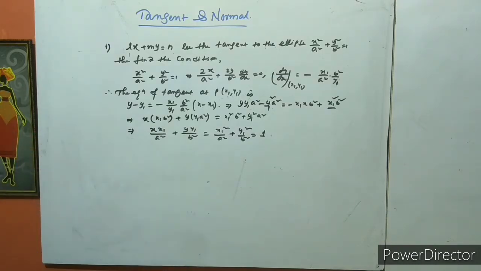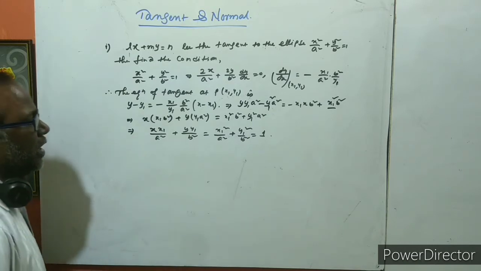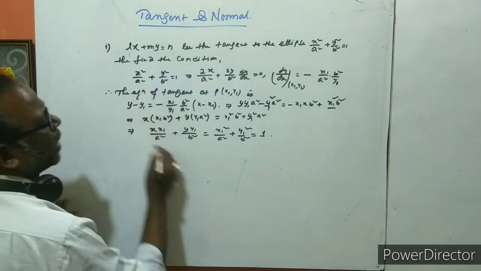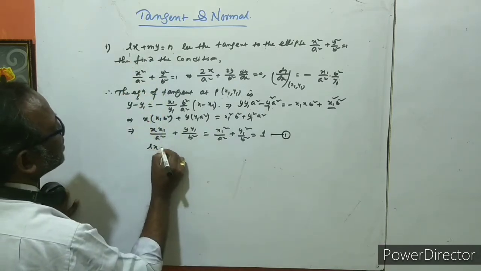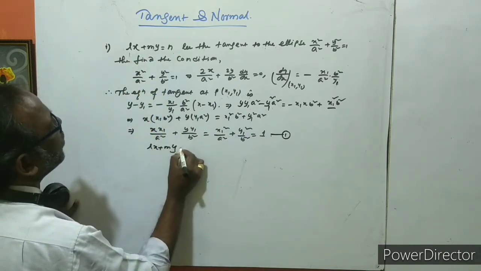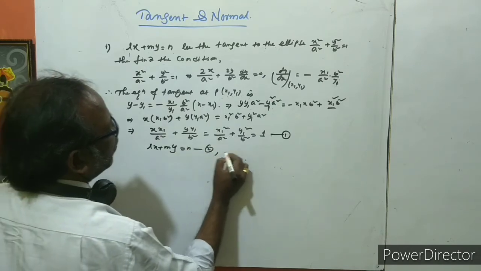Now again, finding the tangent here, this is 1, and the given tangent here is Lx plus my equal to n. This is 2.